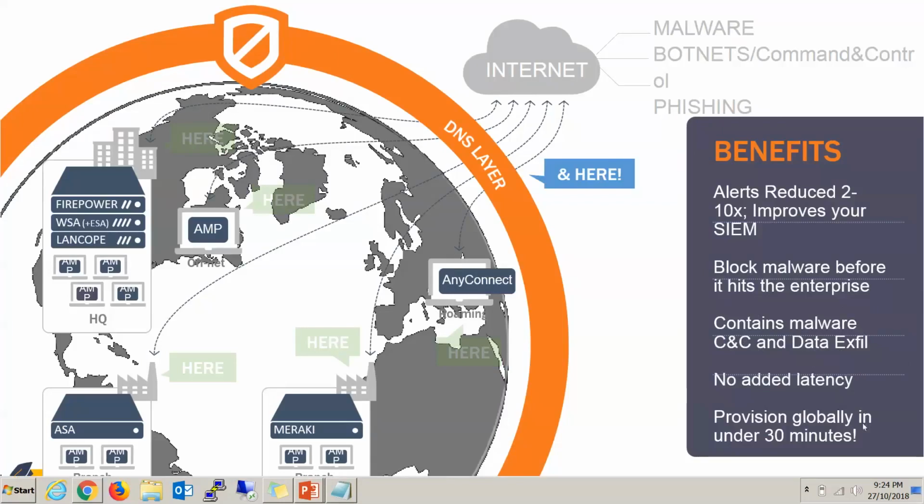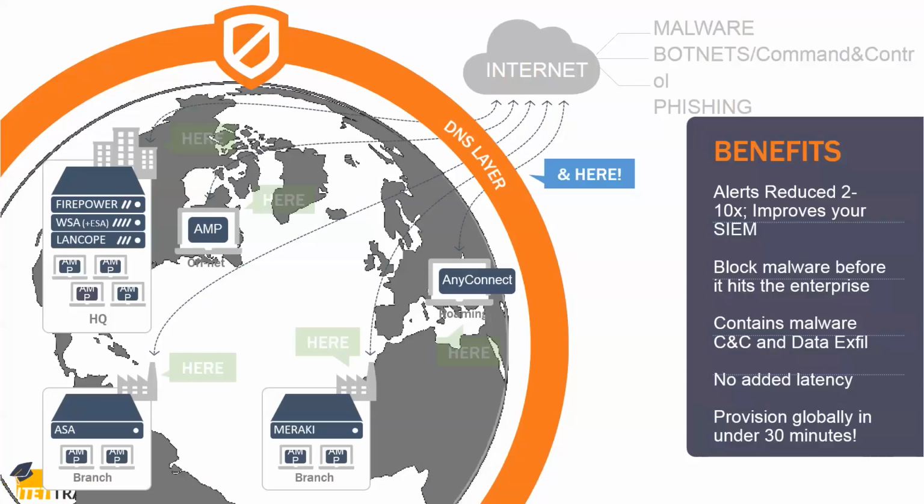No added latency, so there is no latency. Provision globally in under 30 minutes. That's the maximum they're saying. Because DNS precedes every IP communication, right? So we cut the number of security alerts generated by the rest of the customer security stack in half or more.